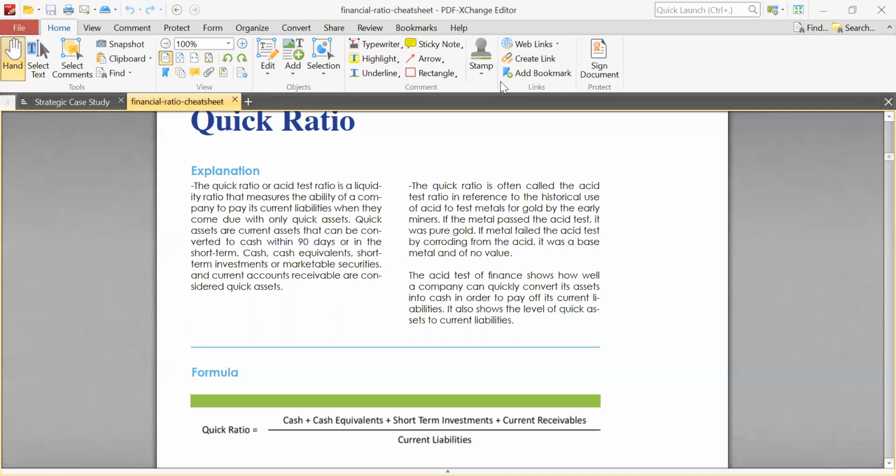So what's the quick ratio? The quick ratio measures the ability of a company to pay back its short-term liabilities when they become due.